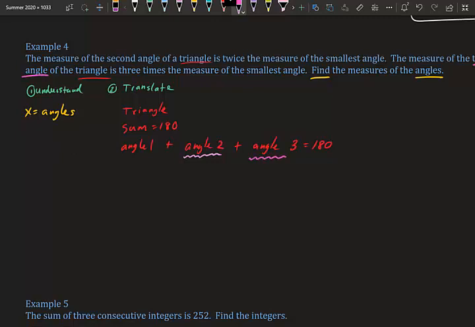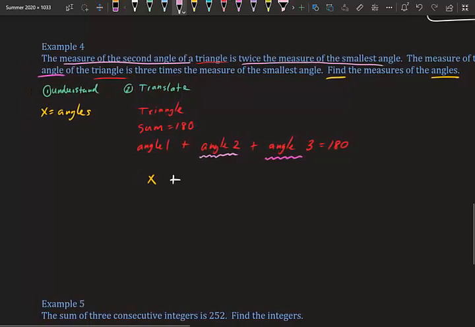So do you notice it didn't say anything about the smallest angle? It's just comparing everything to the smallest angle. That means the smallest angle is just x. So we have x plus angle 2, the second angle, is twice the measure of the smallest one.